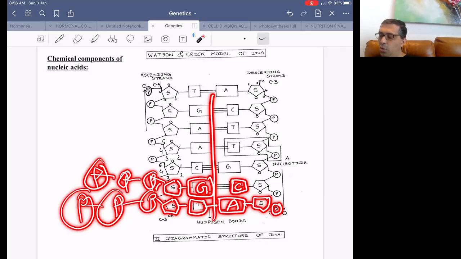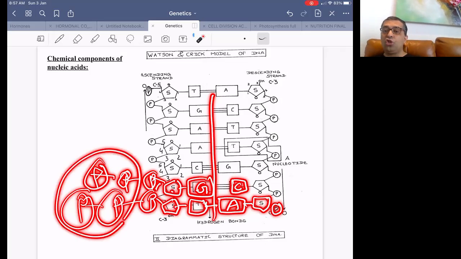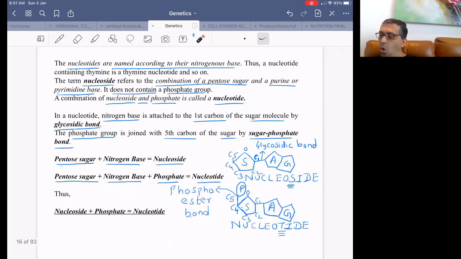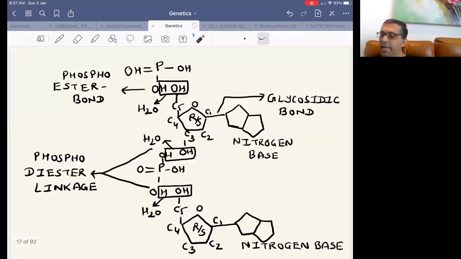Sir, when these two nucleotides are formed, 2 phosphates have in them energy which helps in removal of the water molecules. So why triphosphate?